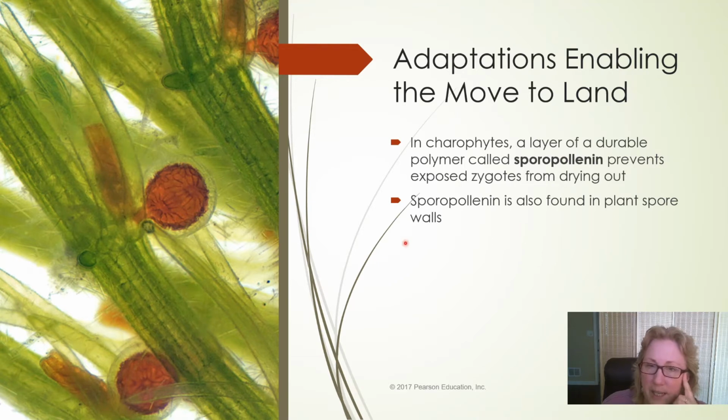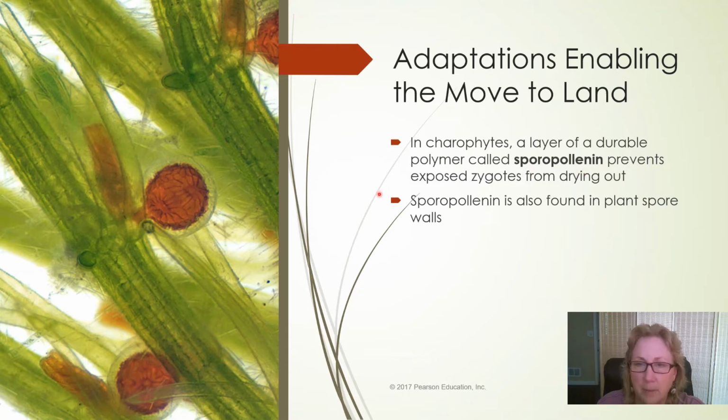So what are the adaptations that enabled the evolution of plants? Well, there is one adaptation that charophytes evolved that was used and needed for the later evolution of fully land plants. And that is this molecule, sporopollenin. Sporopollenin is considered one of the most important evolutionary innovations that led to the evolution of land plants.